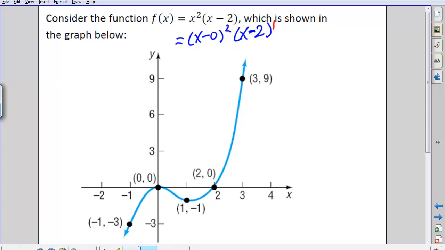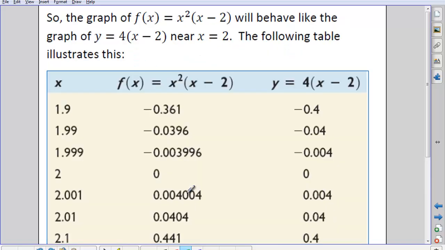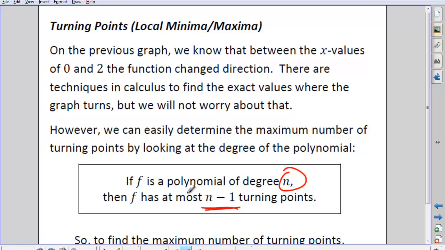We had a turning point here and a turning point here, right? 2 turning points, that's 1 less than our degree. Now notice it doesn't say you will have 1 less turning point than your degree. It says you'll have at most n minus 1 turning points, and that's an important detail there.